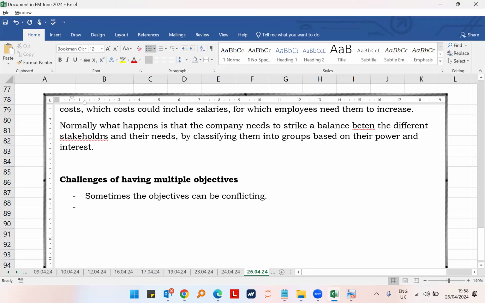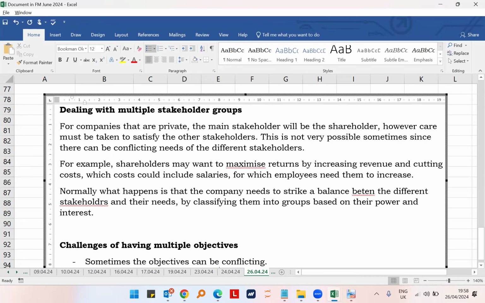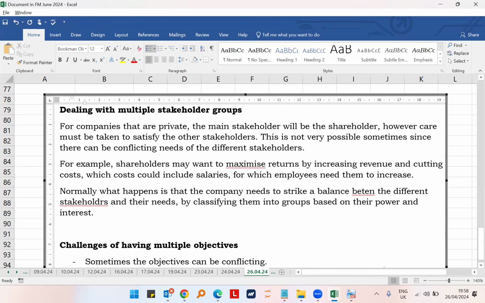Now, another reason is that the resources may not be enough to handle all the objectives. Now, the question is, how do we apportion them?